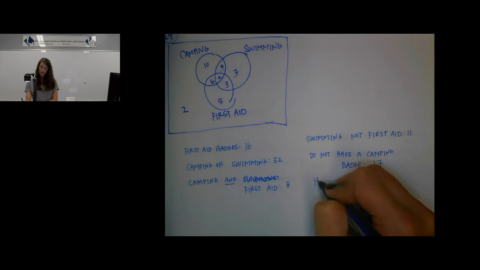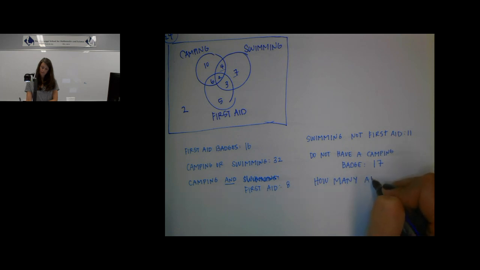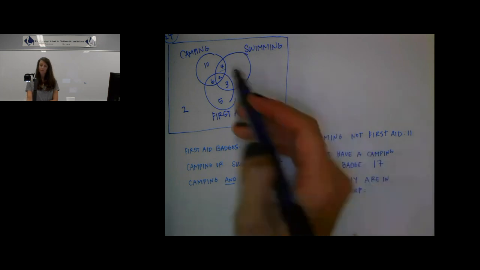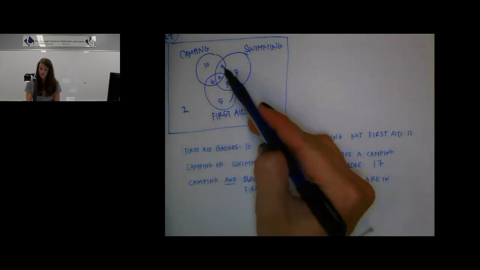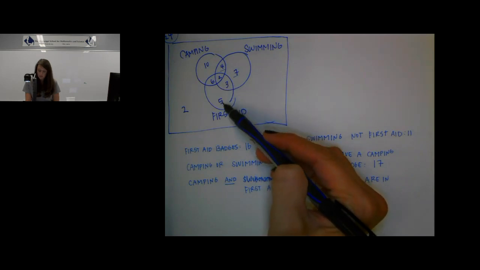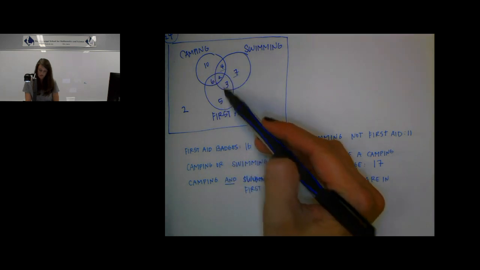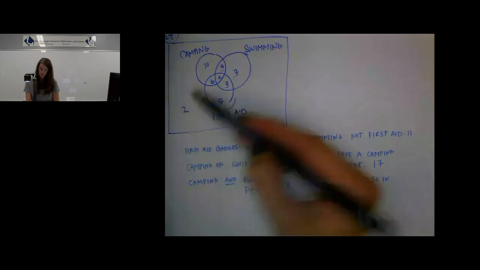And then how many are in the troop? Okay, so you got your 10 plus your 10 plus your 10, so it's 30, right? 37 plus your 2, which is 39.